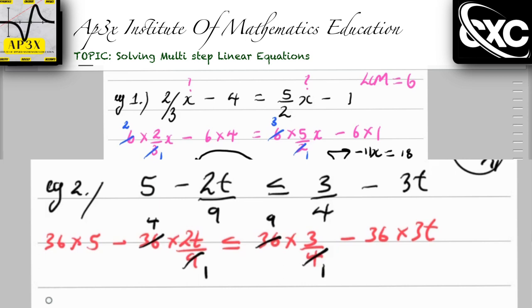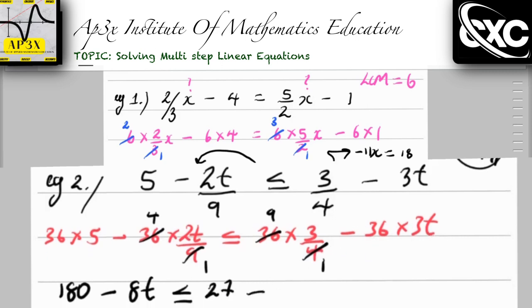That's 180. 4 times 2t, that is 8t. And that's less than or equal to 9 times 3 is 27. And 36 times 3t, that's 108. Let's double check that. That's 108t.